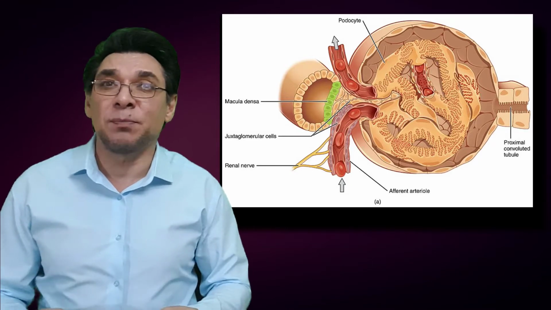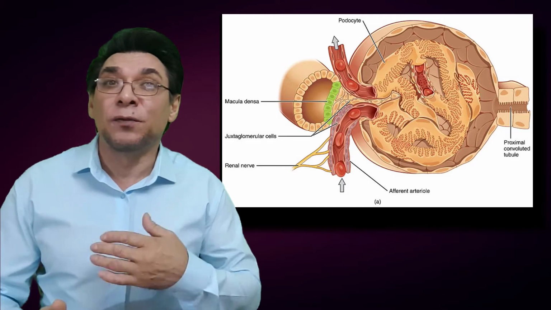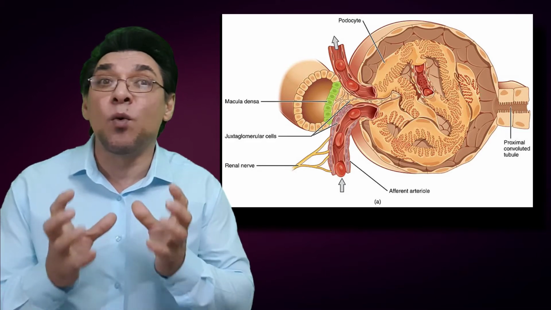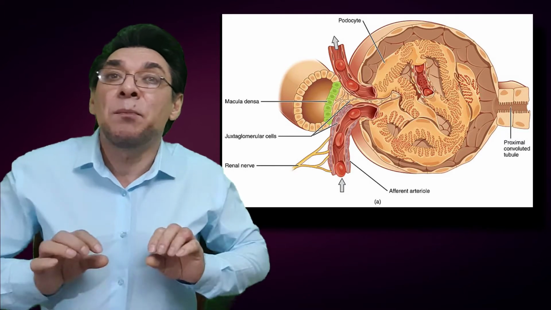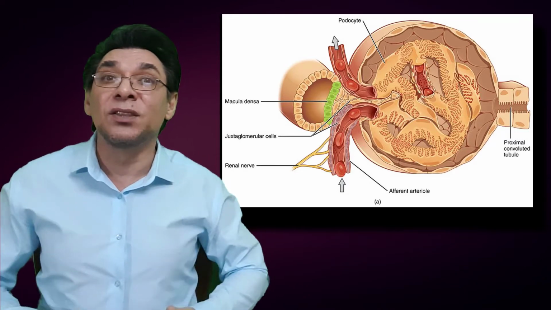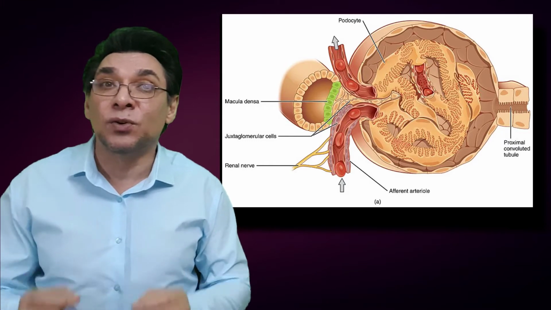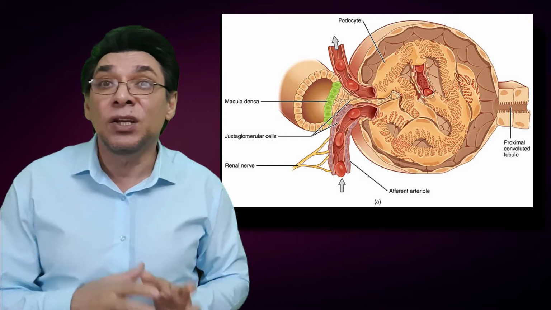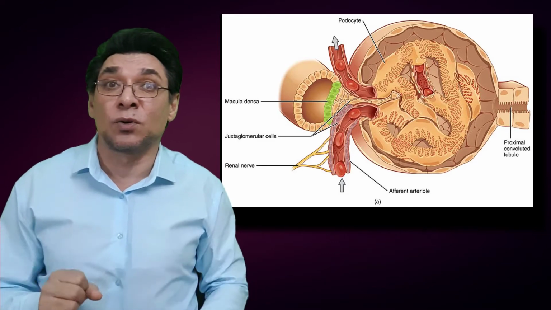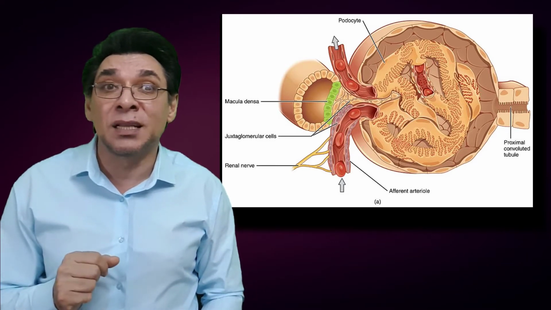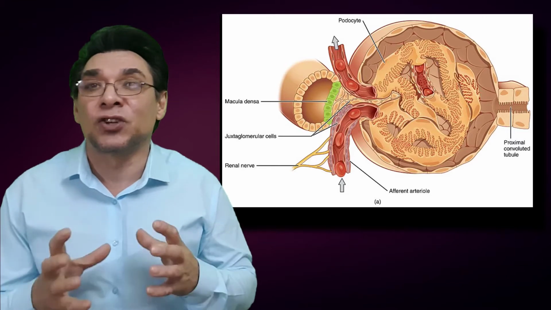In the first step of urine formation, fluid consisting of water and solutes smaller than proteins passes from the blood in the glomerular capillaries through the filtration membrane into the Bowman capsule. The fluid that passes across the filtration membrane is called filtrate.